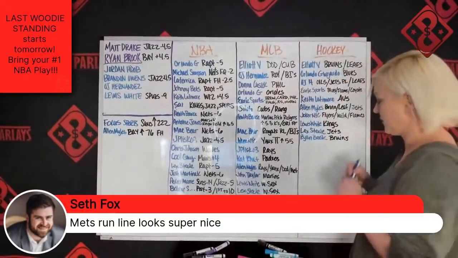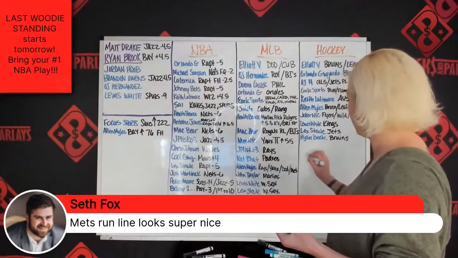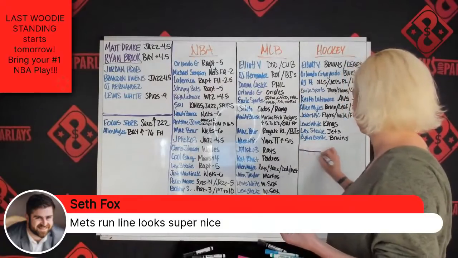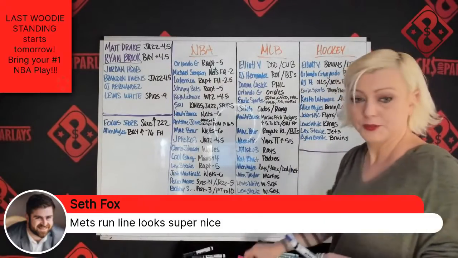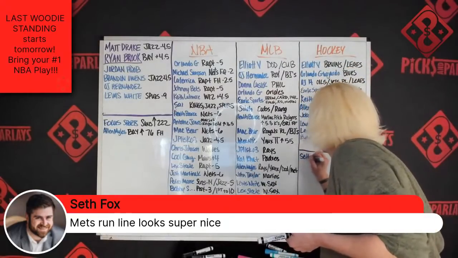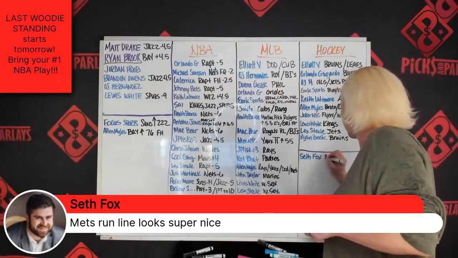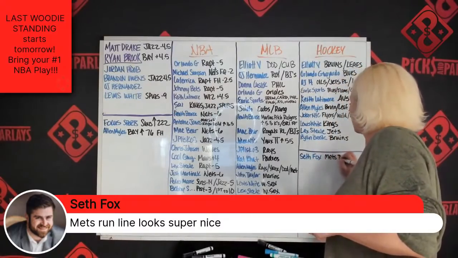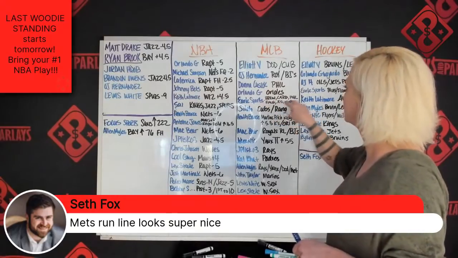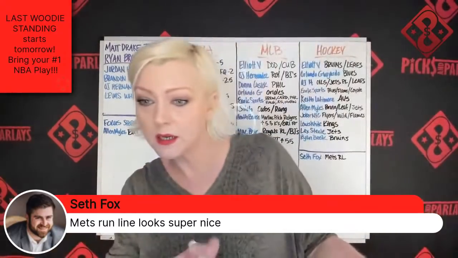Okay, I'm going to have to come over here with our baseballs, or balls on base. Seth Fox. What does the fox say? Mets run line. We got to see if Nick Earl is on the Mets. He is not today. That's his team.